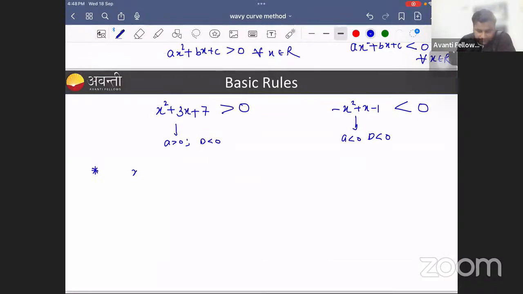Now take an example like x square plus x plus 1 upon x square minus x plus 1 more than or equal to 0. Check it out.